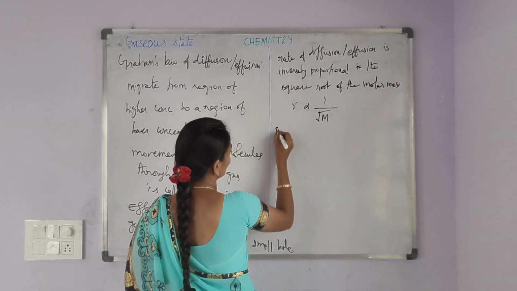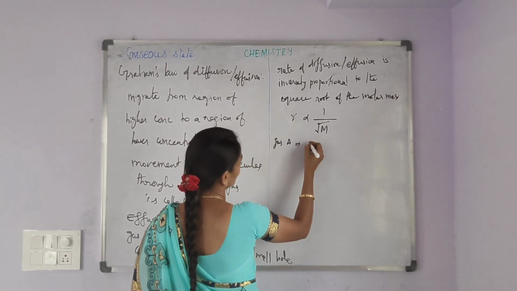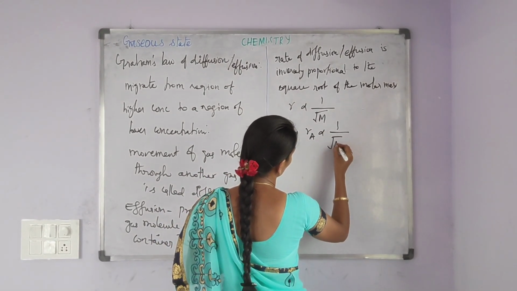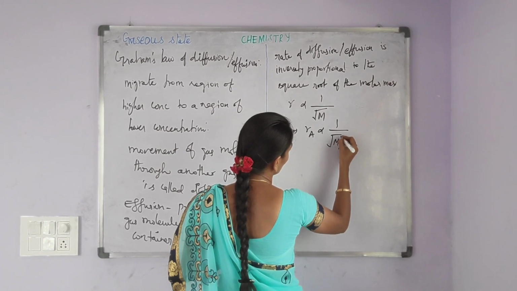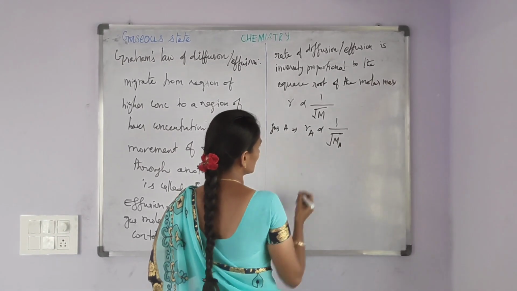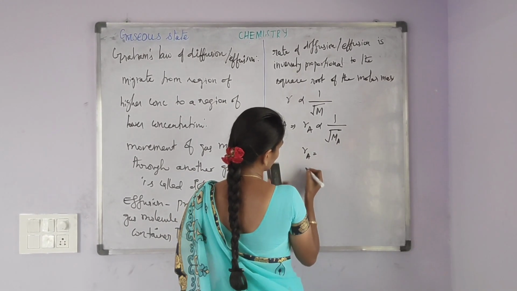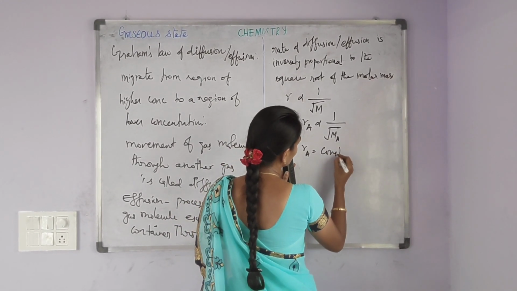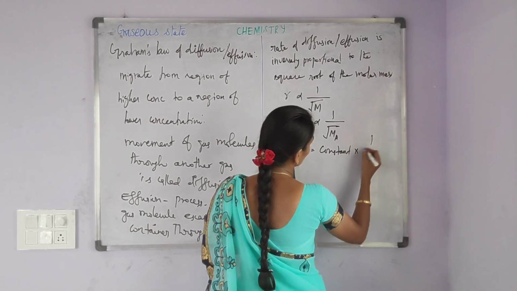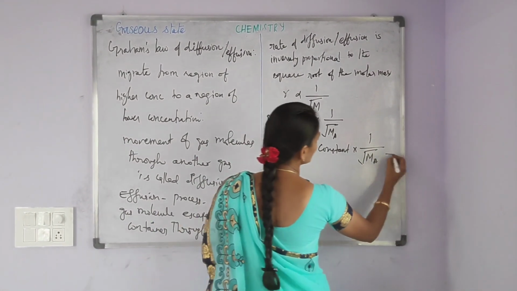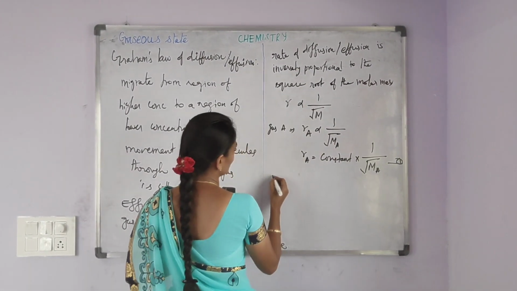Let us consider gas A. Ra is inversely proportional to the square root of the molar mass of A. Removing the proportionality symbol, a constant is introduced. So Ra is equal to constant into 1 divided by square root of Ma, equation number 1.